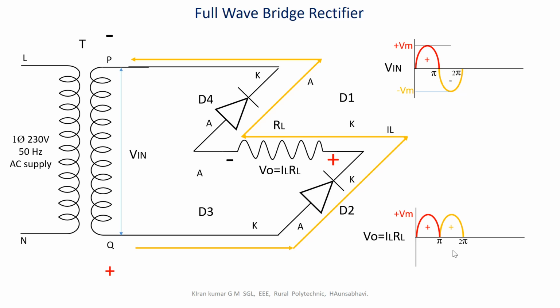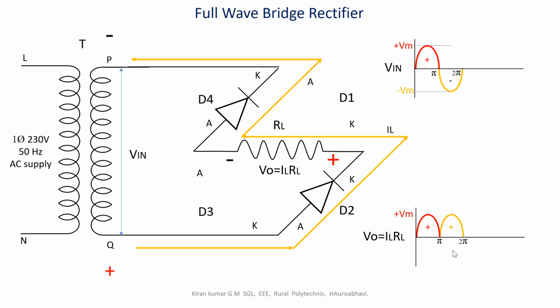Due to this unidirectional polarity output, which is derived from the bidirectional polarity input, this circuit is called a rectifier circuit. As both the half cycles are produced at the output, it is called a full wave rectifier.